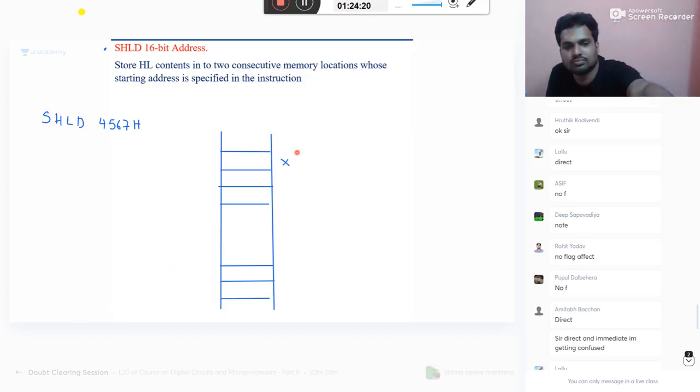Store HL pair directly at address 4567. So the computer will go there, to 4567.